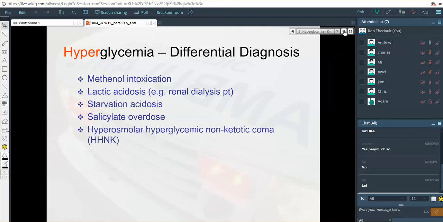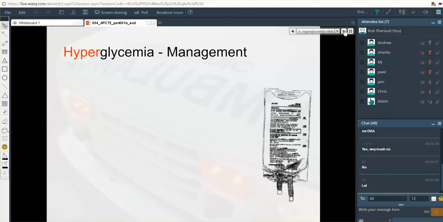And the management, at least from a field perspective, is obviously ABCs. And if you need to protect the airway, NPA is probably a better choice because their airway is probably going to improve over time.